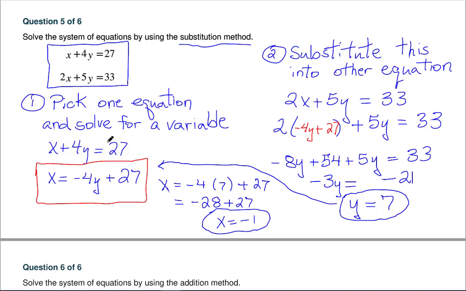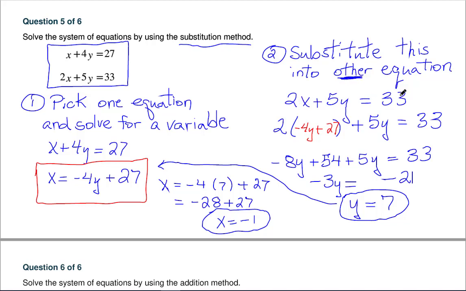So I move the 4y to the right hand side and I get x is minus 4y plus 27. So I take that and I substitute it into the other equation.